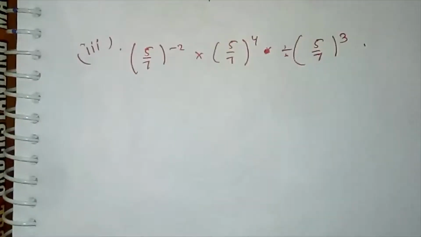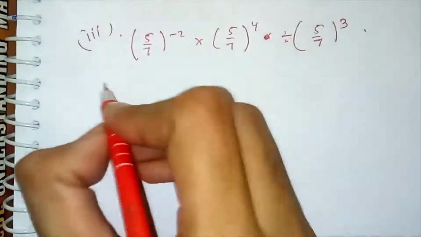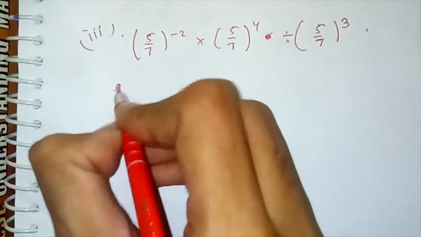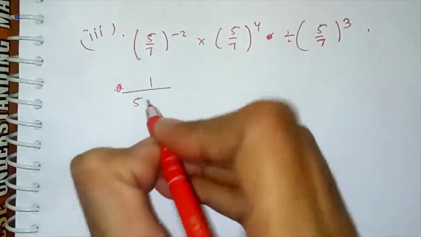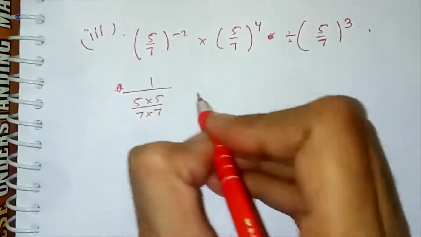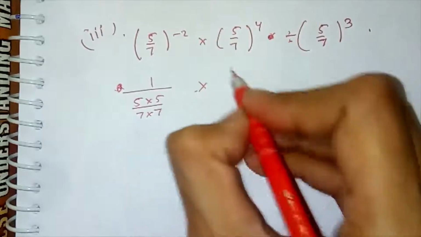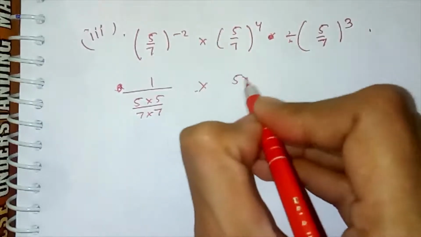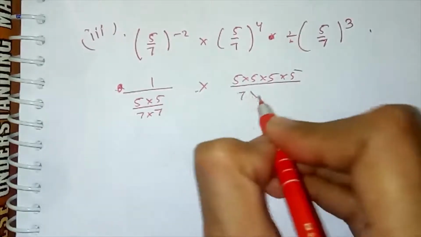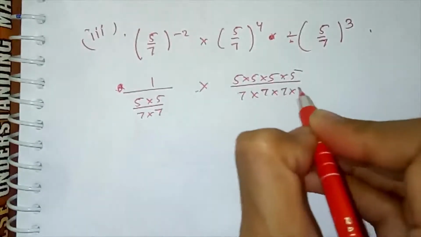So let's quickly solve this question. So here first we will do the reciprocal of 5 into 5 upon 7 into 7. It will be 5 into 5 into 5 into 5 upon 7 into 7 into 7 into 7.